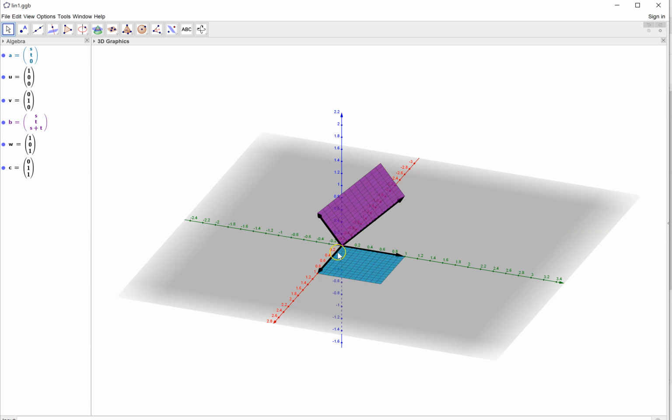So here was the vector 1, 0, or 1, 0, 0, but think about it as the vector 1, 0 in R2. And here's the vector 0, 1 in R2. Okay, so this one that's slanted this way is the image of this vector under the transformation. So notice that it's the vector 1, 0, 1. This vector here is the image of 0, 1, 1.